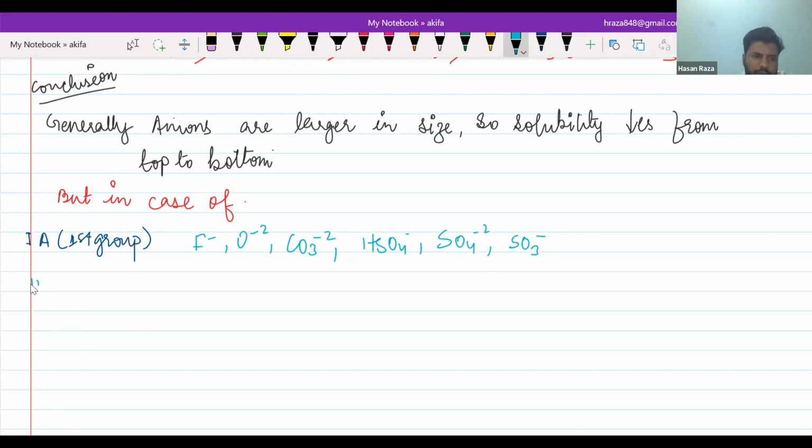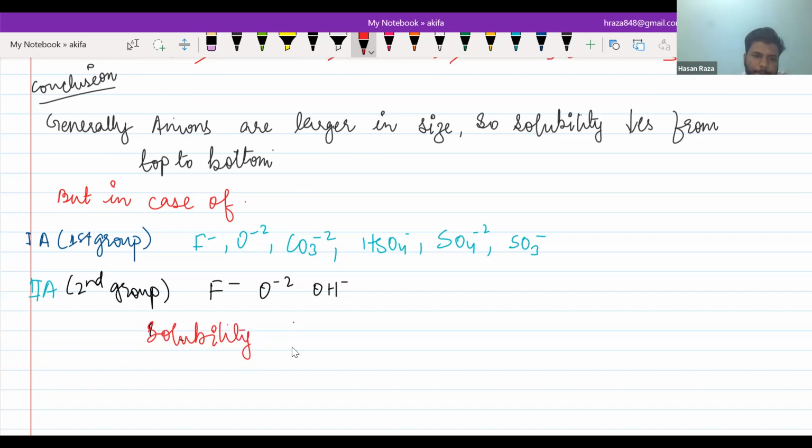And in case of 2A, that means second group, and the anion is F minus, O minus 2, and OH minus, solubility increases from top to bottom.